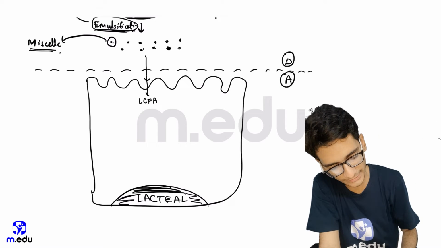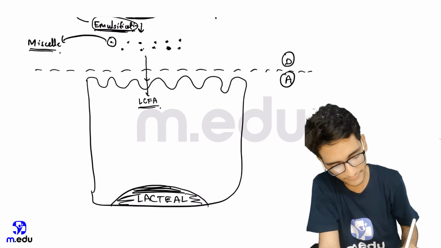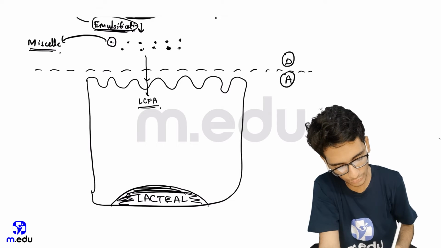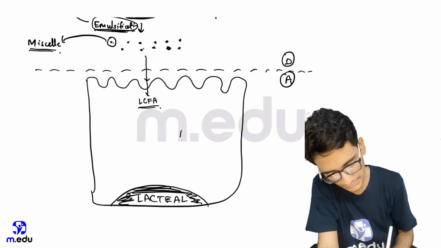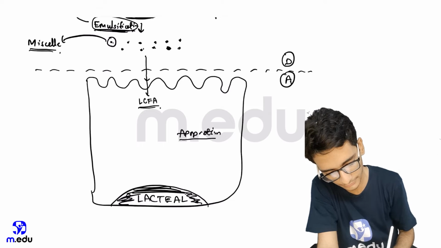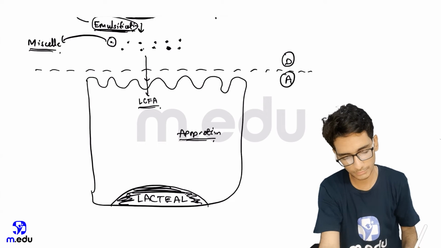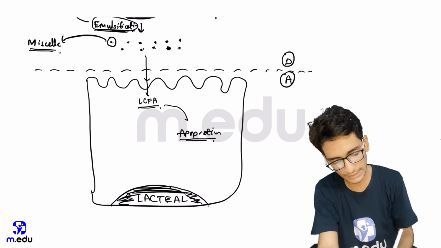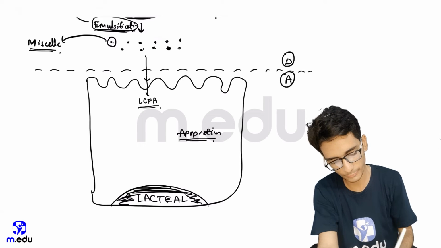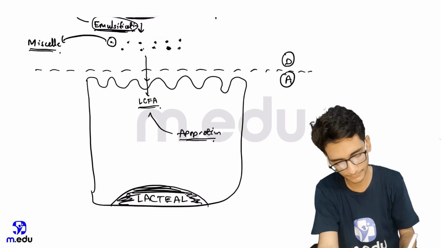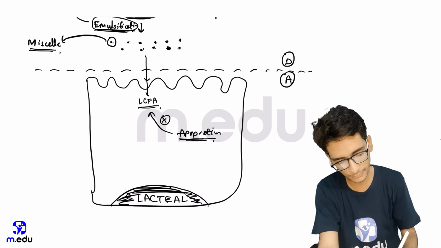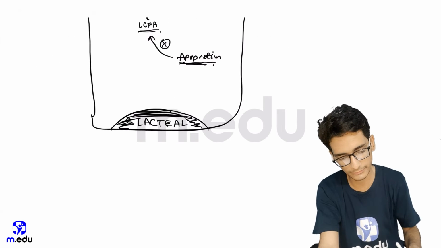Now moving specifically to LCFA. This LCFA needs to go to lacteals in order to reach the body. So it has to take the help of apoprotein, a protein molecule. However, the apoprotein doesn't like LCFA either, just like the blood capillary we discussed.